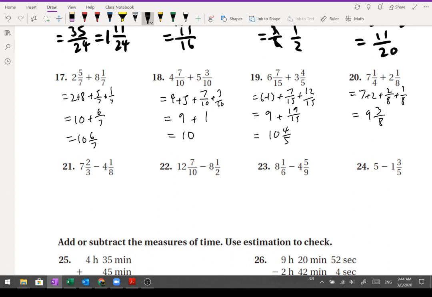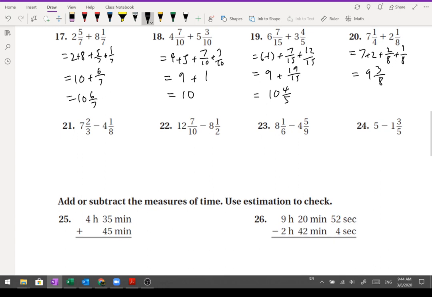Moving on to question 21, we have to subtract 7 minus 4, and that's the whole number part. And then the fraction part, 2/3 minus 1/8. The LCM of 3 and 8 will be 24. So we need to multiply 2 over 3 by 8 over 8.